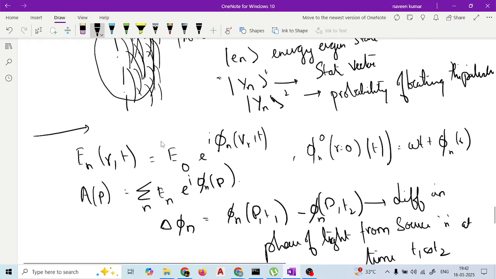So we are basically writing down the intensity corresponding to the source n.